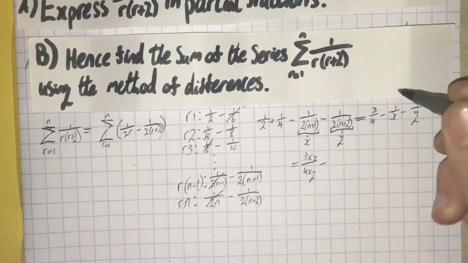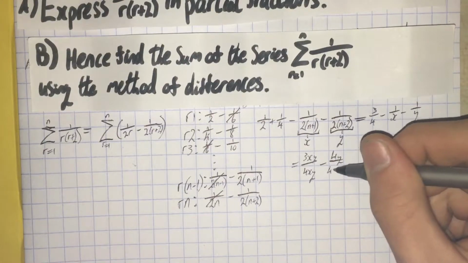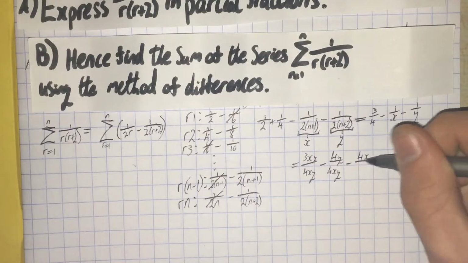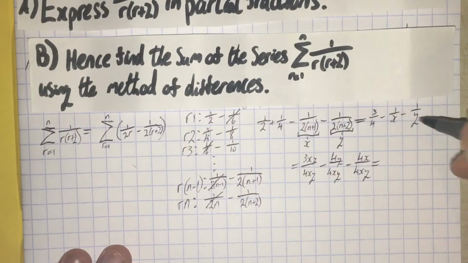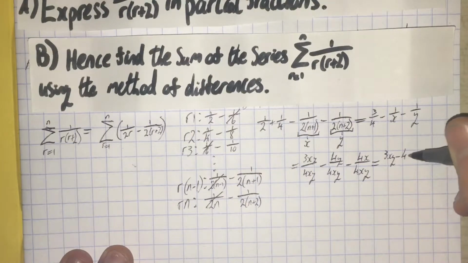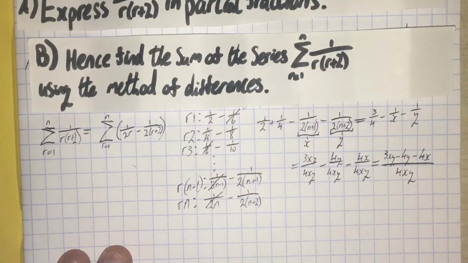Minus 4y over 4xy minus 4x over 4xy, which equals 3xy minus 4y minus 4x, all over 4xy.